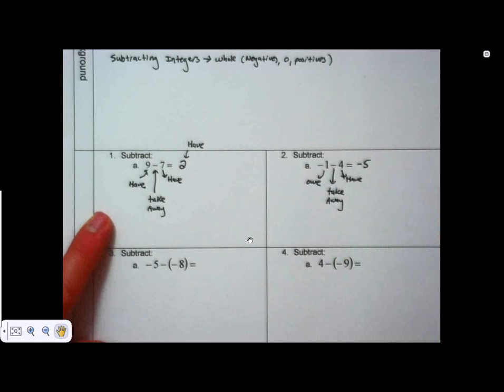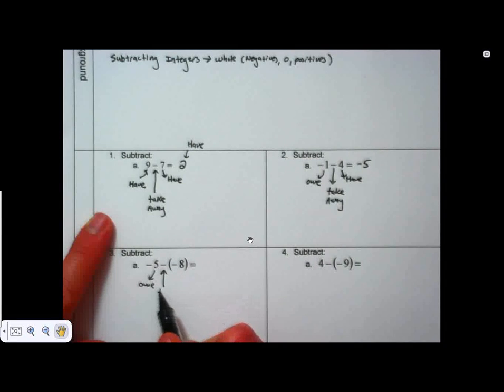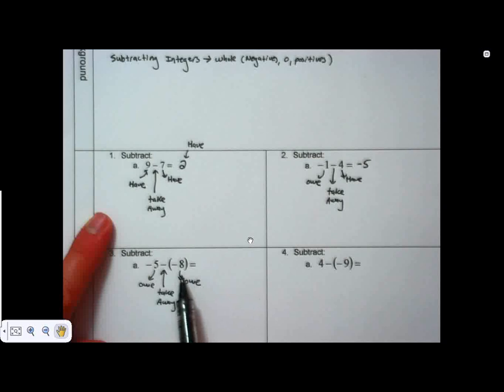Okay, let's look at two more examples. In this next example, again, I'm beginning with a negative, so that means I owe money. The subtraction sign means that somebody's taking away. And in this case, I'm subtracting a negative number, so somebody's taking away money that I owe. You can think of this as going to the store and returning something that you purchased for $8.